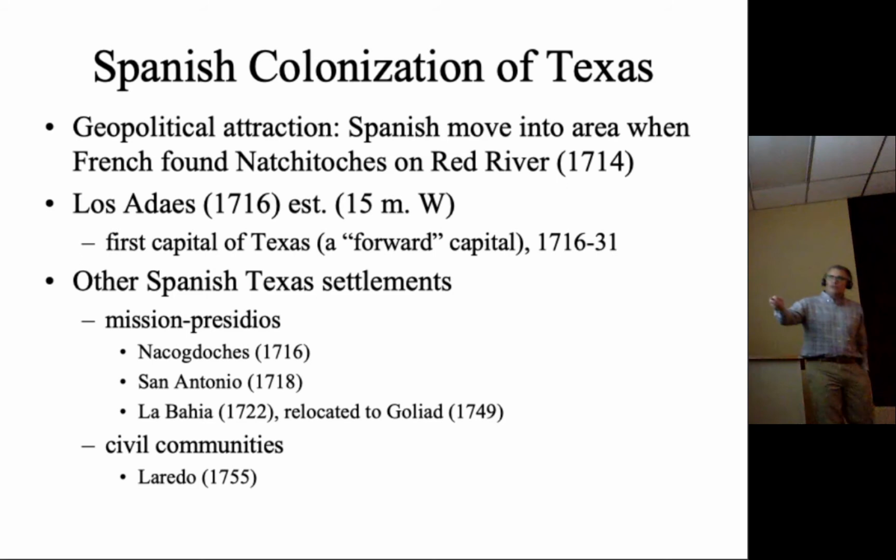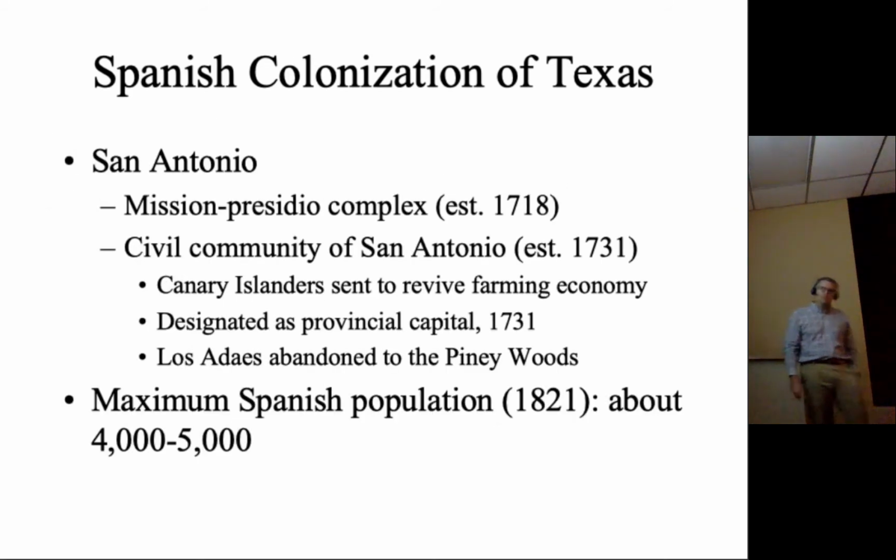All right, well, anyway, there are other missions established in Texas between Los Adais going down the Gulf Coast basically toward Laredo. Those included Bahia and Goliad, and those would be some early outposts in Texas.